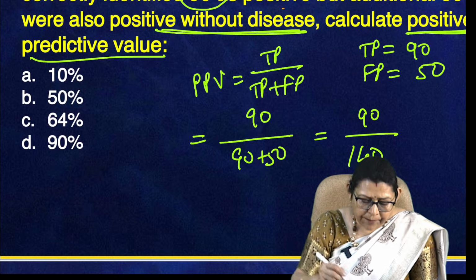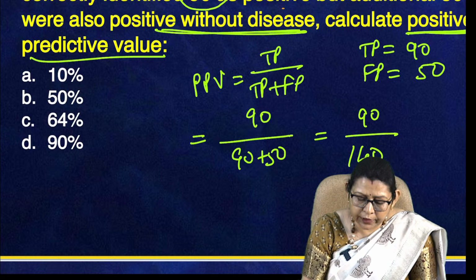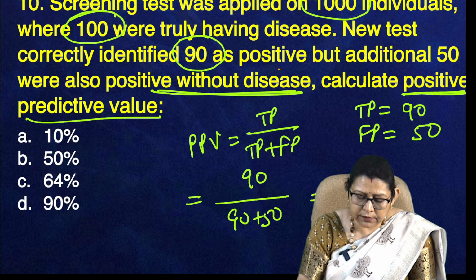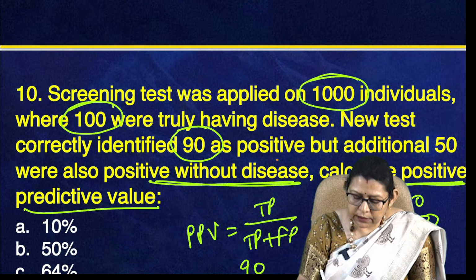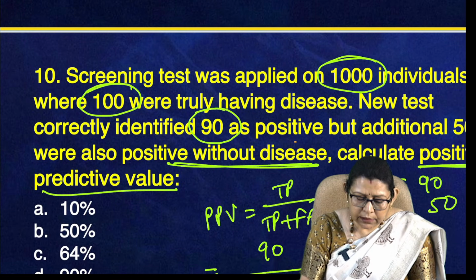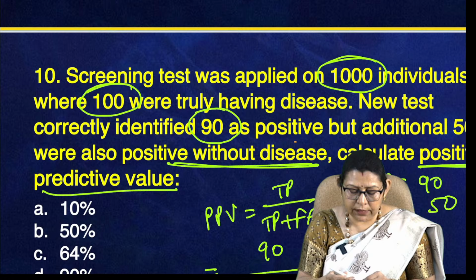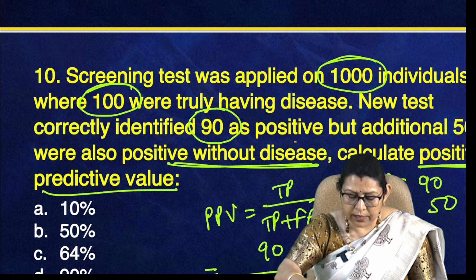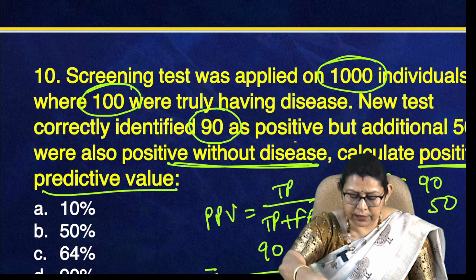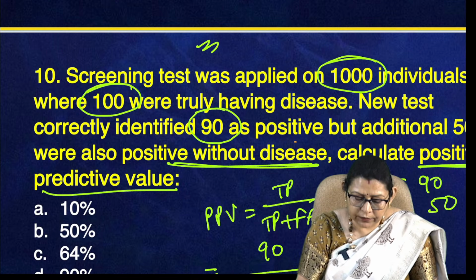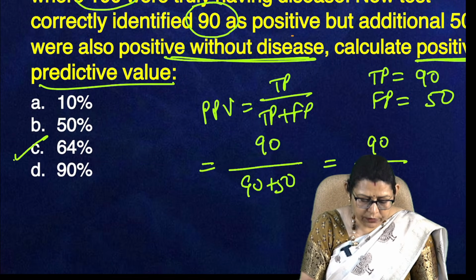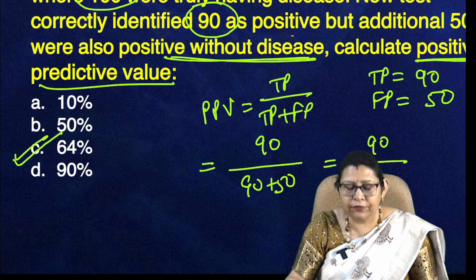Now coming to, so the correct answer here is, just a minute, I think my pencil is not responding. Just give me a second. Everything is fine. Yes. So the correct answer for this is 64%.